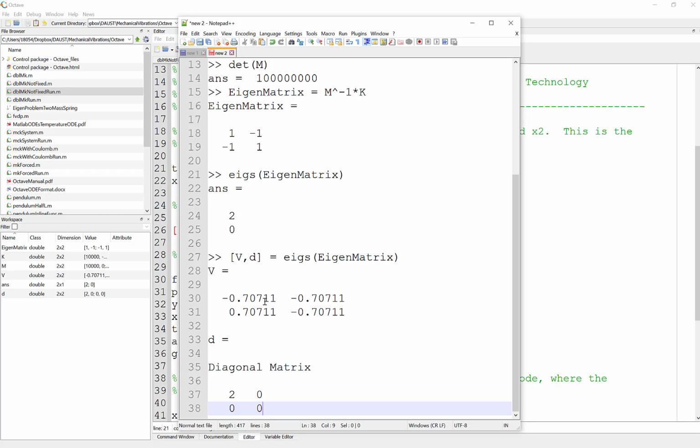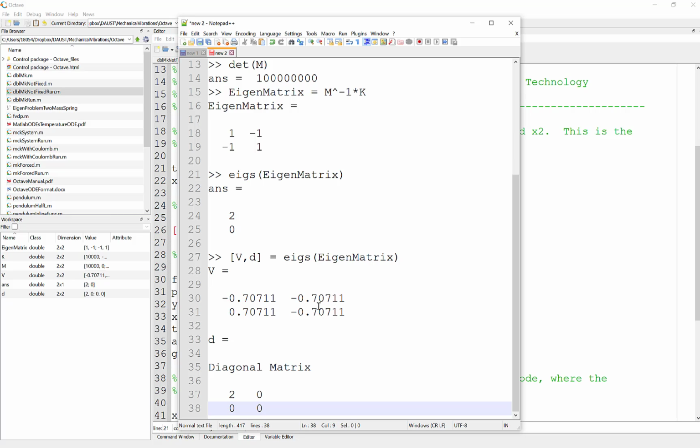Now what happens is if you excite the system in a particular mode by giving it those initial conditions, it will only oscillate in that mode. It won't oscillate in the second mode. So I'm going to run my simulation twice and plot the results twice in two different files.